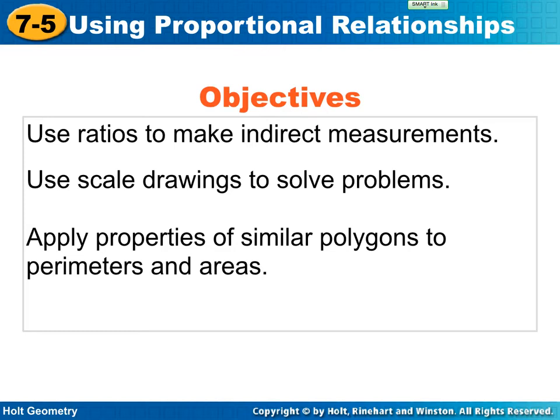How about the perimeters? Perimeter of the first one was 48. The second one was 12. Ryan, what's 48 divided by 12 reduced to? 4 to 1. And the areas. Comparing 96 to 6.